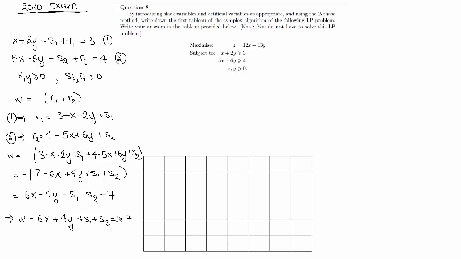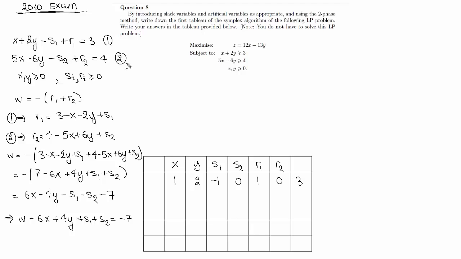So we can actually start doing our tableau now. We have x here, y, s1, s2, r1, and r2. So first we have our basic variables, then we put the slack variables, and then the artificial variables. So for the first constraint, we have the coefficients 1, 2, minus 1, 0, 1, and 0, and this is 3, as we can see from 1 here.